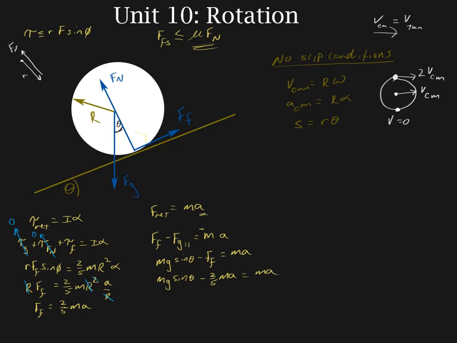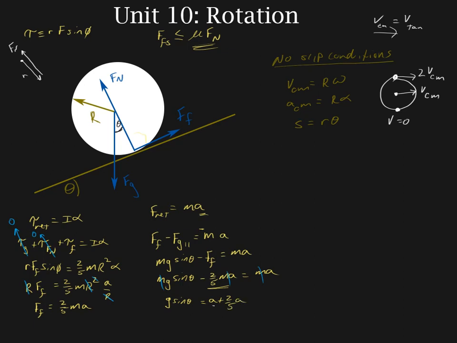Now we can see that the masses are going to cancel, and we're going to solve this for acceleration. So we'll move this 2/5 ma, or 2/5 a, to the other side, and we get g sine theta is equal to a plus 2/5 a.